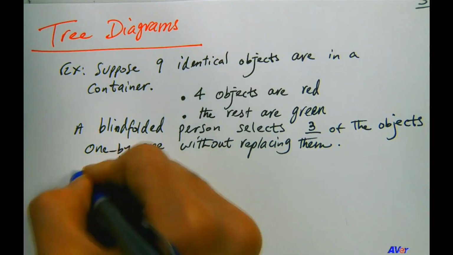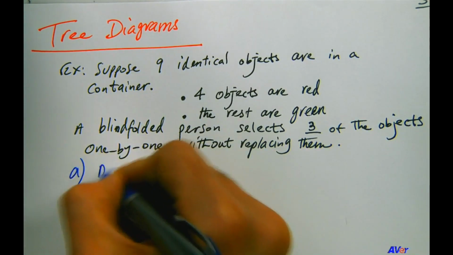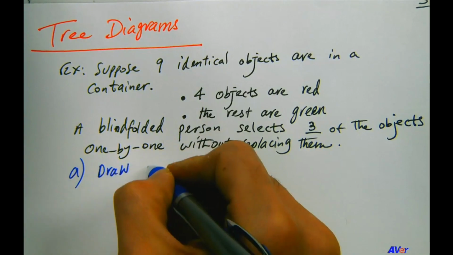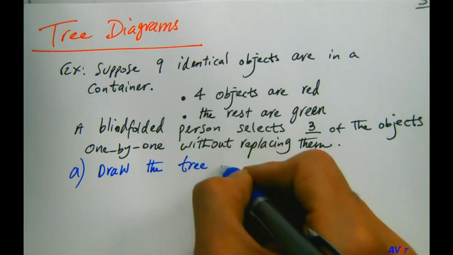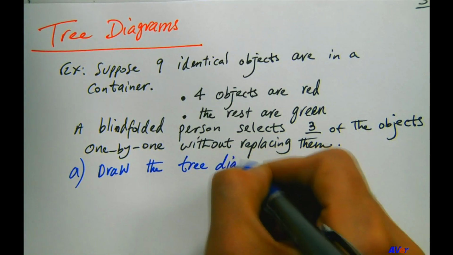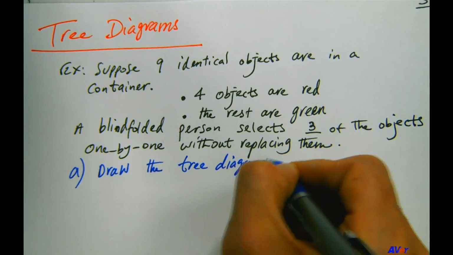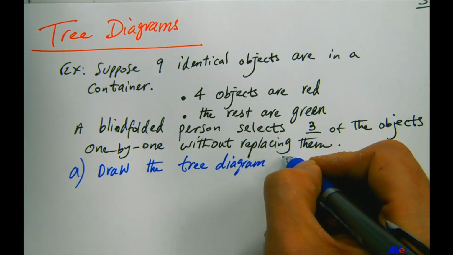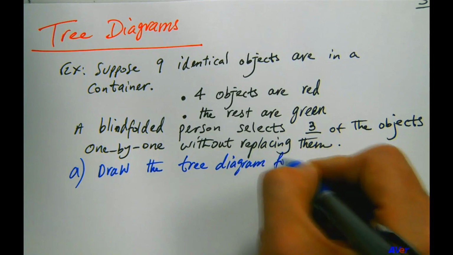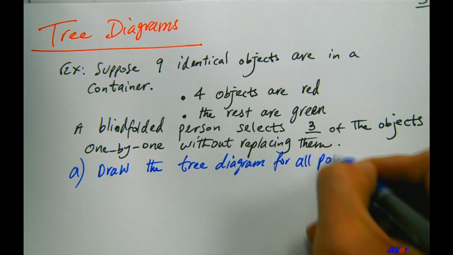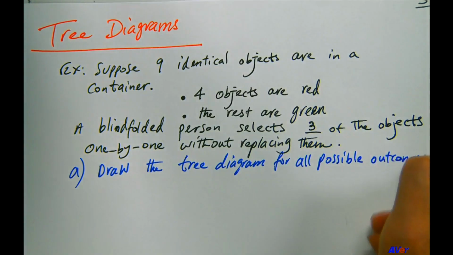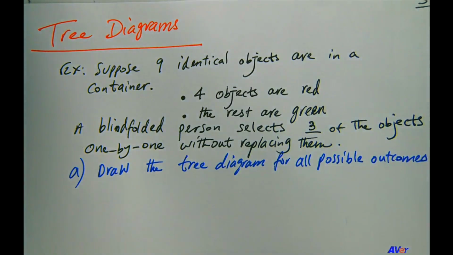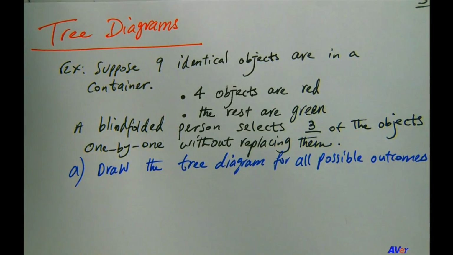And then part A, what we'd like to do is draw the tree diagram for this experiment for all possible outcomes, right? Okay, so let's do that.